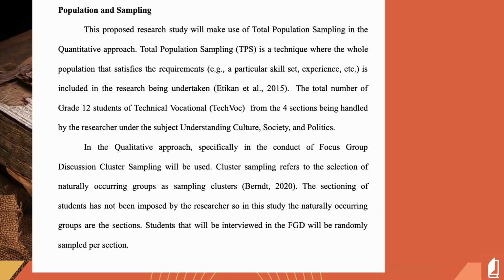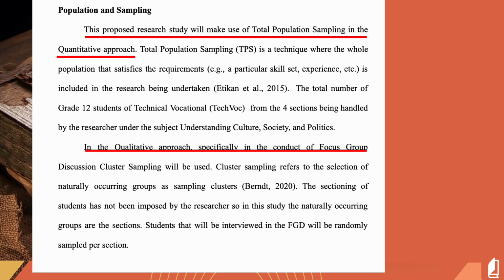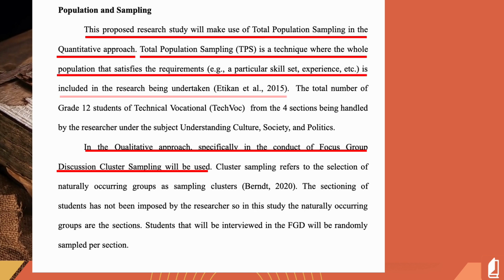This example is from a research proposal. Two sampling techniques will be used: total population sampling for the quantitative approach and cluster sampling for the qualitative approach. You could also observe that definitions of sampling were discussed citing authorities.